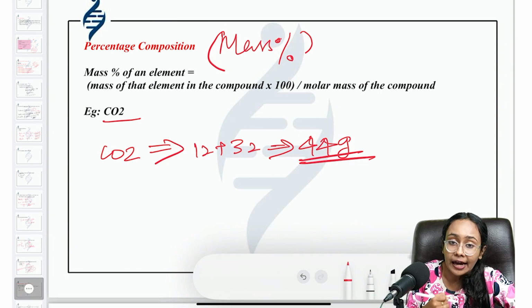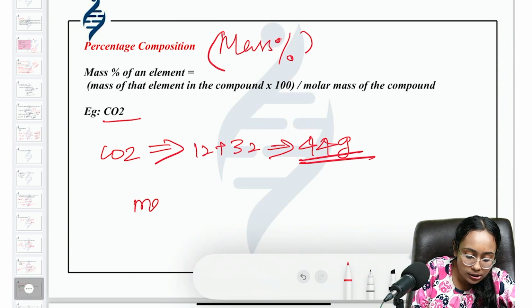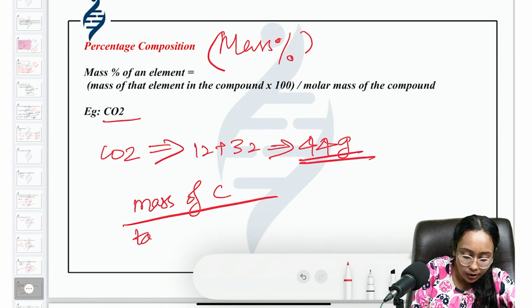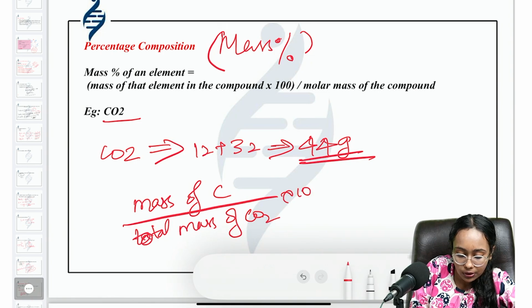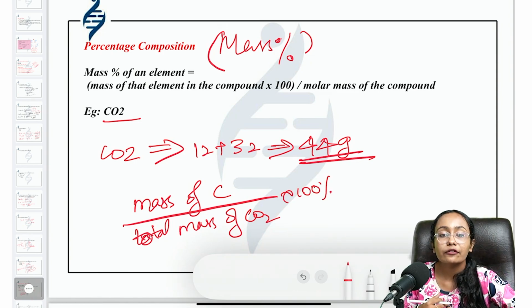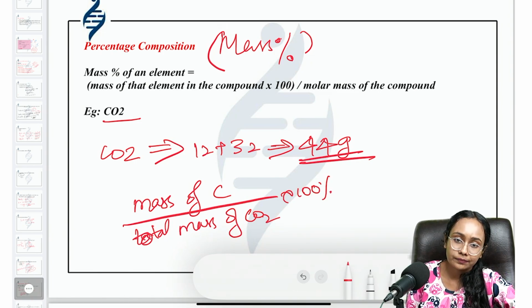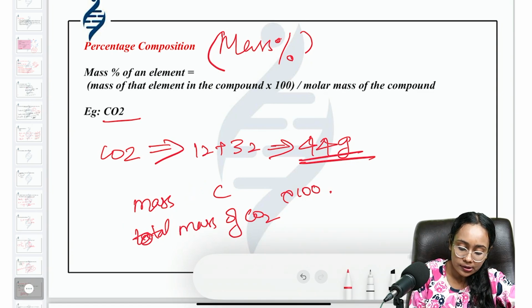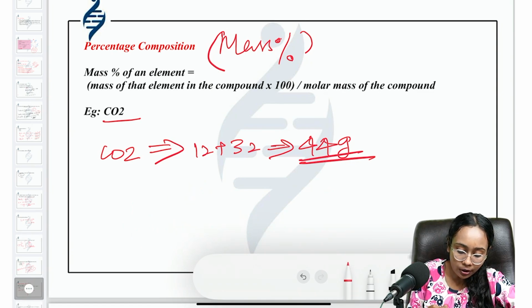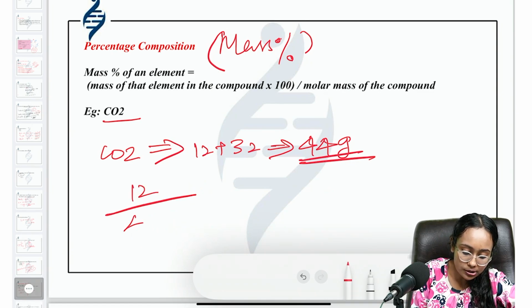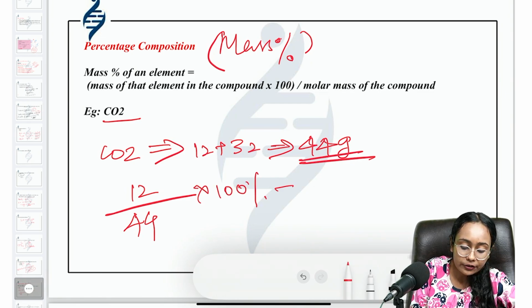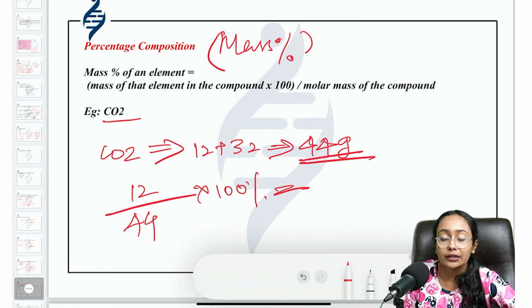For that, what I have to do is mass of carbon divided by total mass of CO2 into 100 percent. This will give me the mass percentage of carbon. Mass of carbon is 12, the total mass of CO2 is 44, into 100% will give me the mass percentage of carbon in CO2.